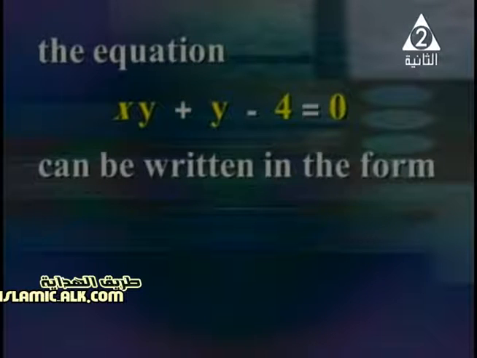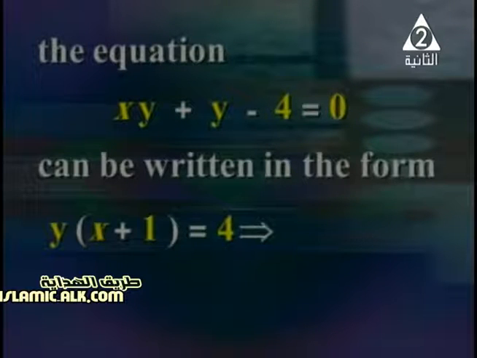Dear student, the equation xy plus y minus 4 equals 0 can be written in the form y multiplied by bracket x plus 1 equals 4. Why? Because look at the first and second terms, xy plus y. Take y as common factor, and y multiplied by bracket x plus 1 equals 4.